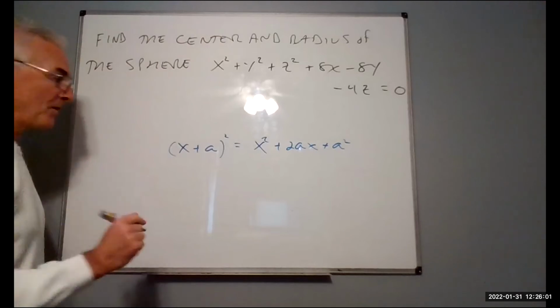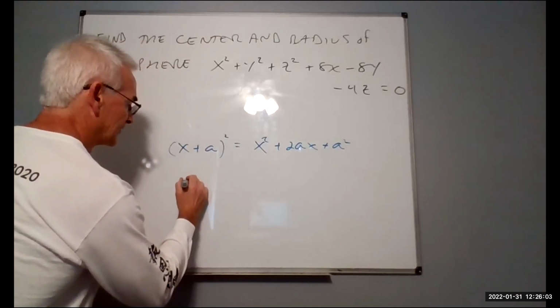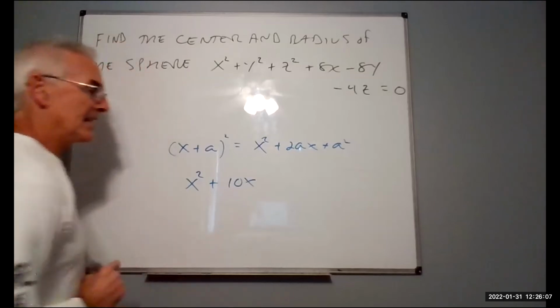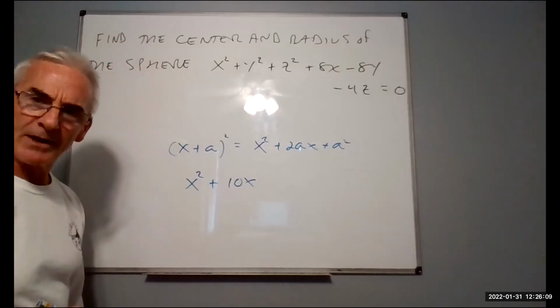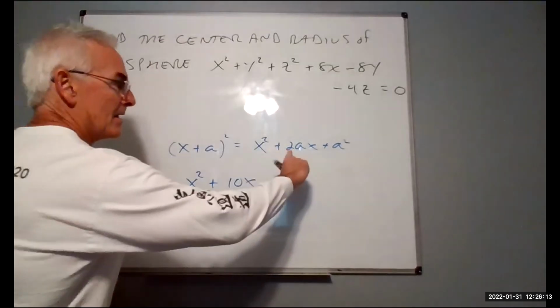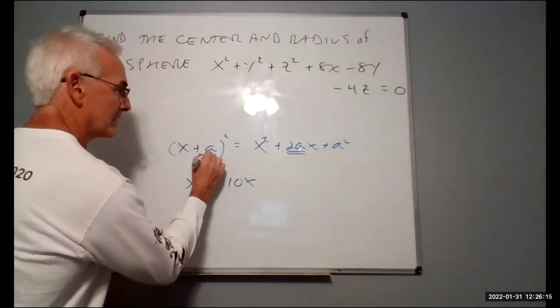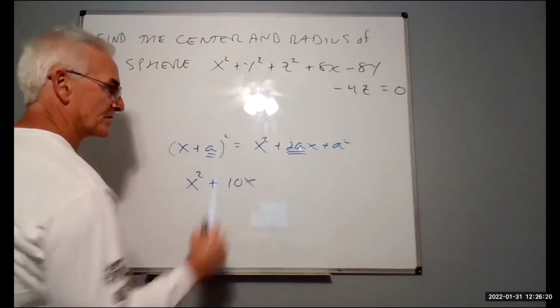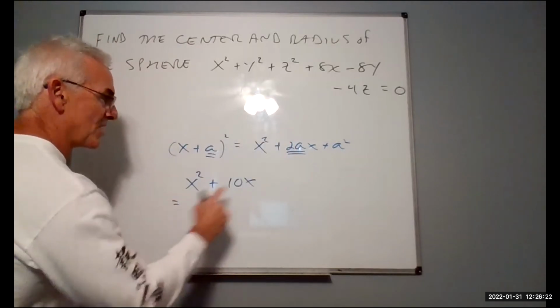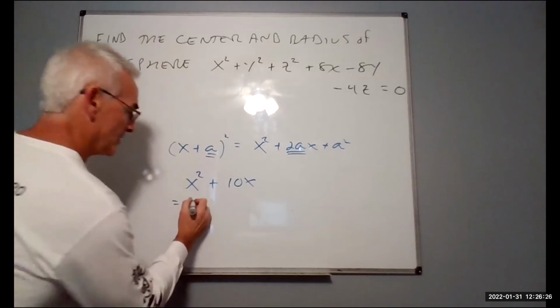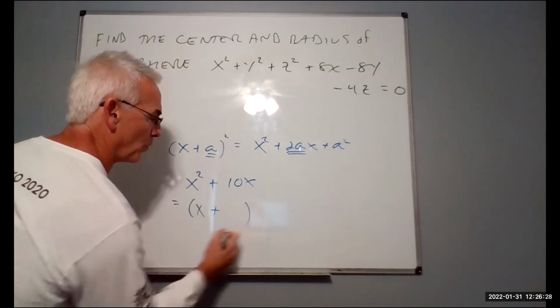So if I had, let's say, x squared plus 10x, and I wanted to complete the square, there's an order of things you did. Remember, that is twice as big as that, and those signs are always the same. So the first thing I do is not figure out what I have to add. I have to figure out what is actually being squared. So I would write this as x plus what?